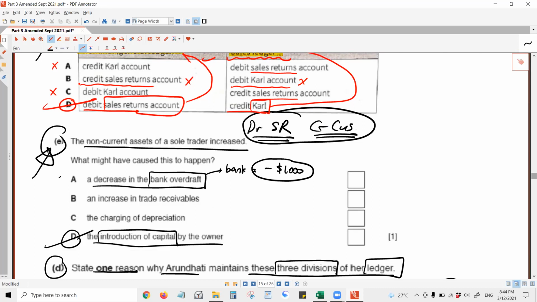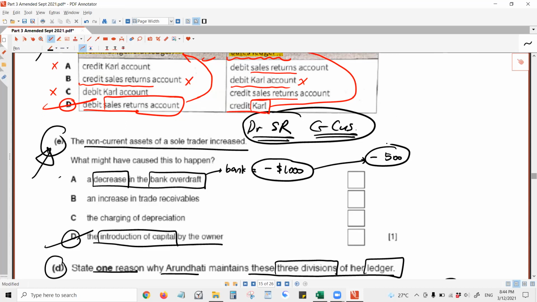Okay, you don't have money in the bank, but you keep withdrawing money. So it becomes a negative number. So when you have a decrease in bank overdraft, it means the negative figure is becoming smaller. Okay, meaning it becomes maybe negative 500.